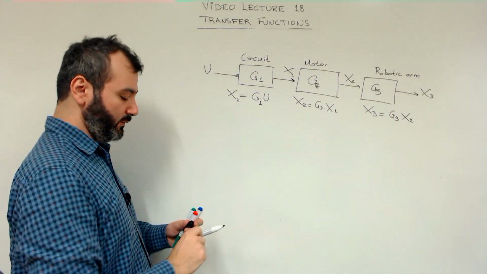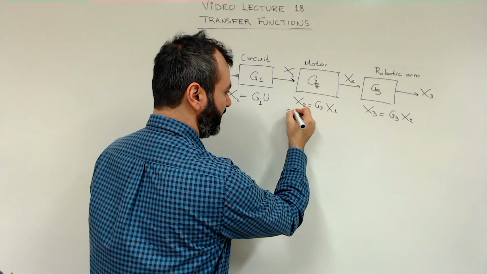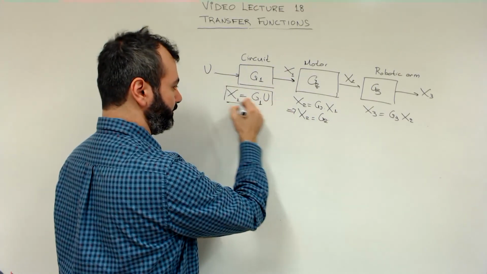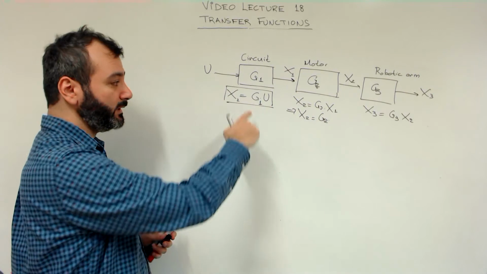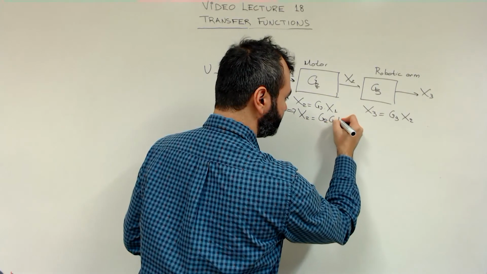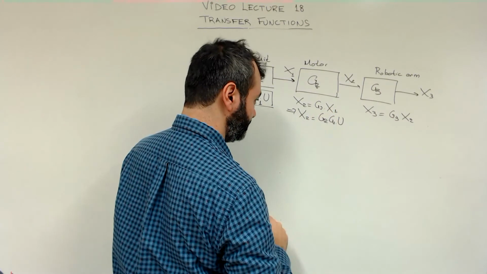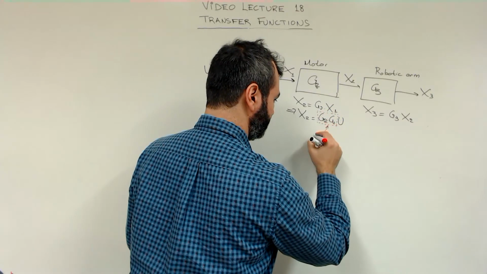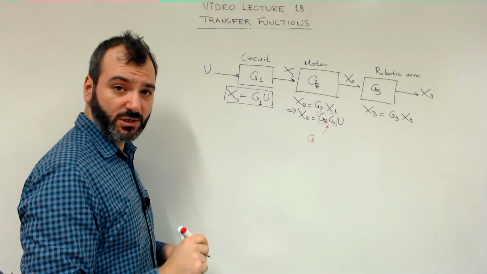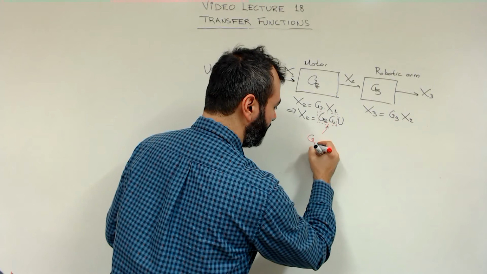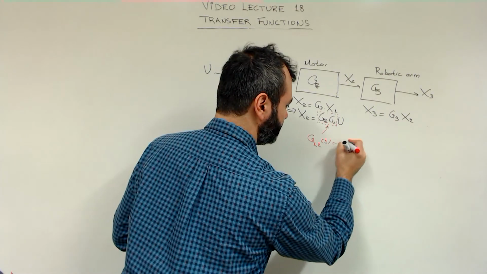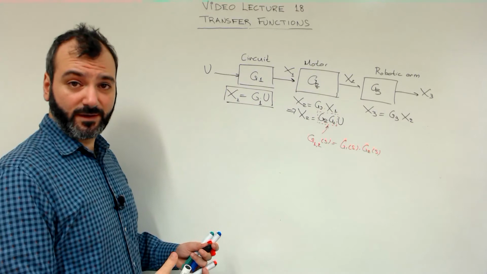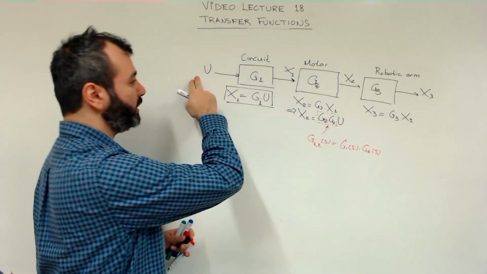And we can observe that X2 is G2 times X1, but X1 is G1 times U. So this function G1 times G2, let's call it G12, is a transfer function that describes the relationship between U and X2.